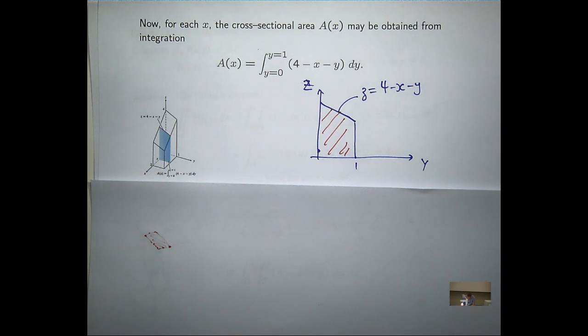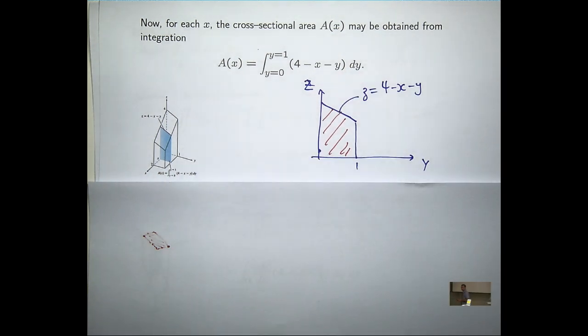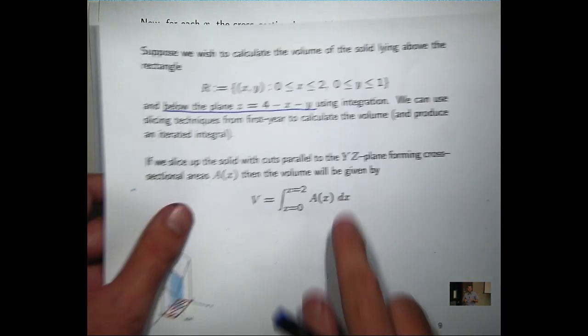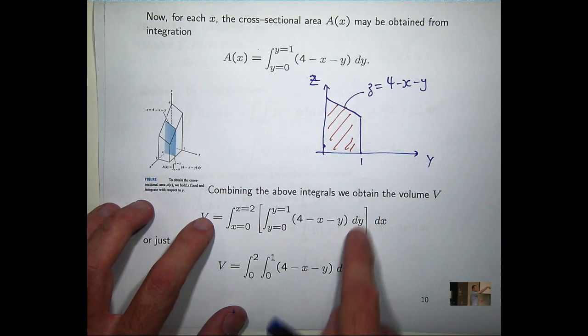So I've used a single integral to get the cross-sectional area. You can see how I can get that shaded region, right? Just integrating from y equals 0 to y equals 1, integrating 4 minus x minus y. It's just area.